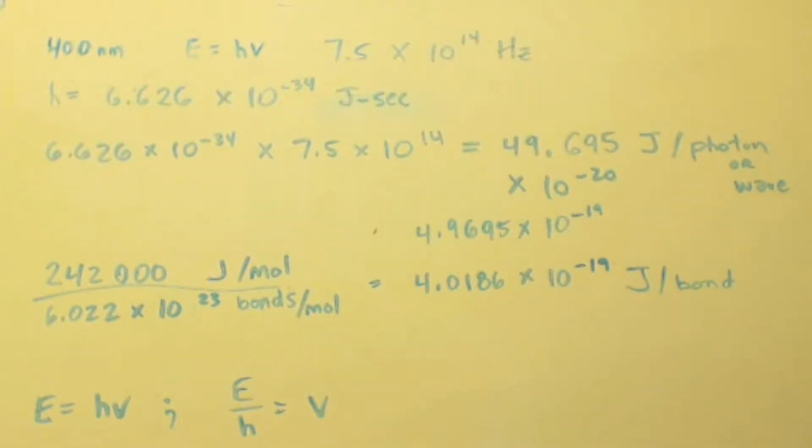Anyways, this is how you do this, all right? We want to break chlorine-chlorine bonds. So we want to know how much energy we need to break those bonds, right? We're going to first find out 400 nanometers is the weakest UV. Let's start from there. Let's say we want to use 400 nanometers of light, okay?